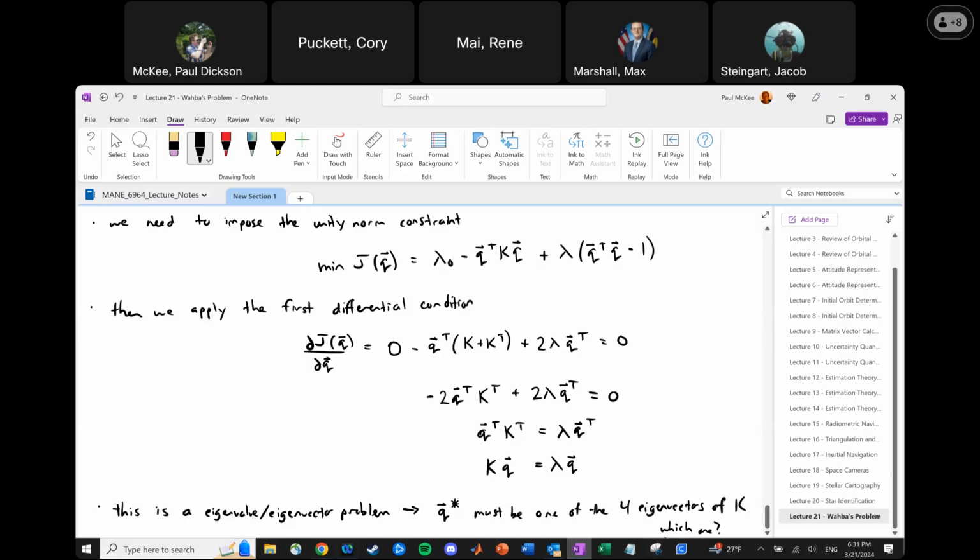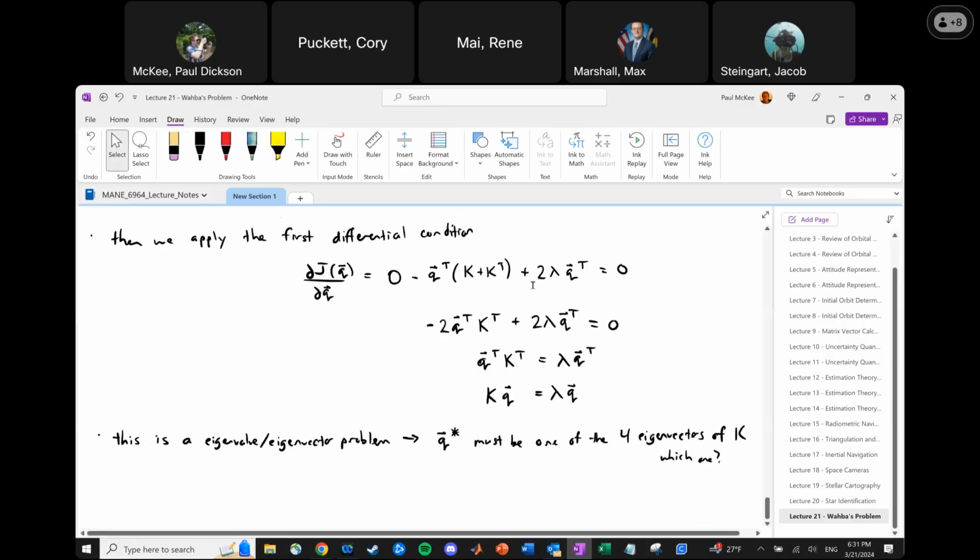Because there are 4 vectors that satisfy this equation, right? So K times some vector is equal to lambda times some vector. That is true for when lambda is one of the eigenvalues and the vector is one of the eigenvectors. There are 4 eigenvectors that satisfy this equation. But remember, this is a minimization problem. So we can't just slap in any old one and then keep moving. It actually matters which one we pick.